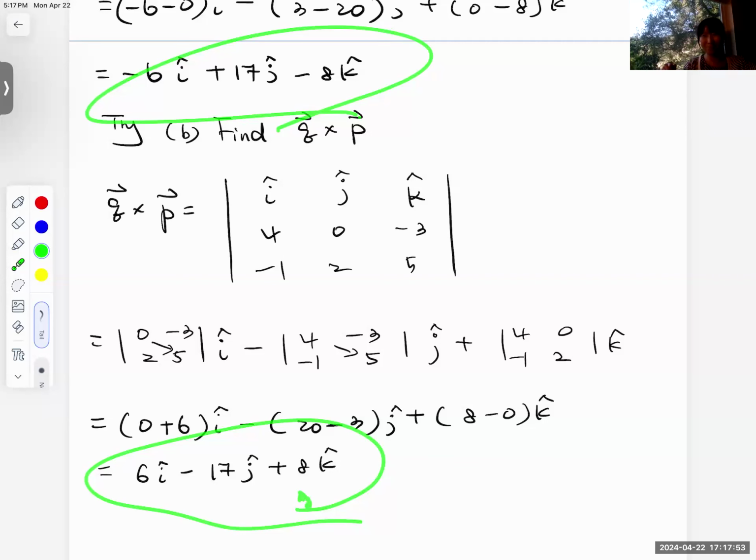Nothing? The numbers are the same, right? Oh, can you talk about the sign then? Sign is what?